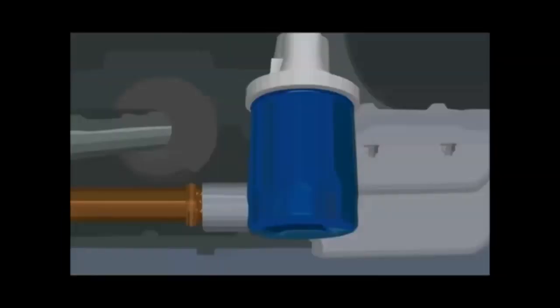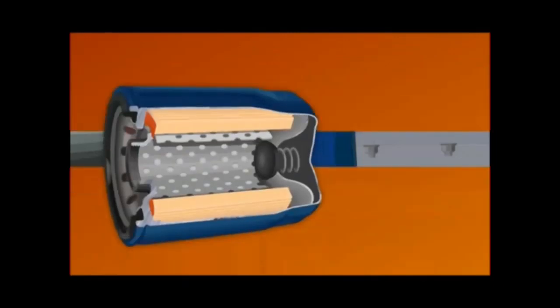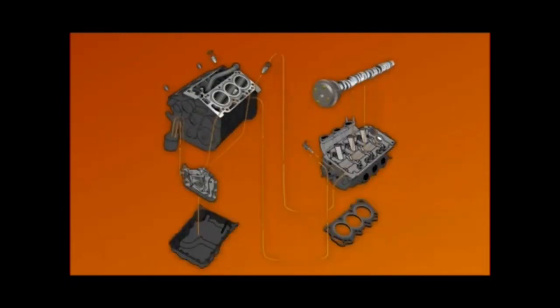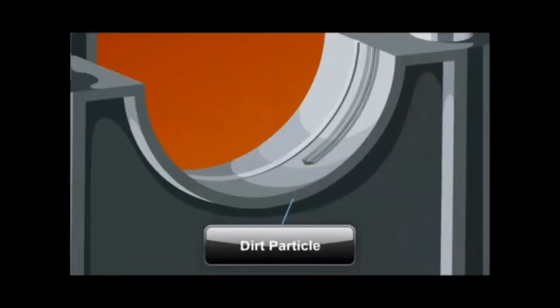From the oil pump assembly, oil flows to the oil filter. Inside, the filtration media traps contaminants such as dirt or metal particles, which would otherwise circulate in the oil system.